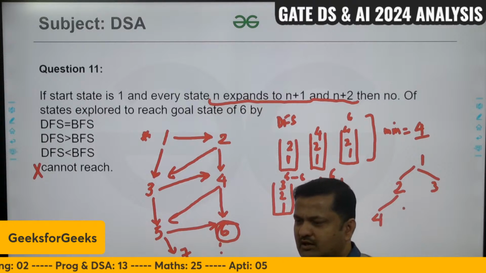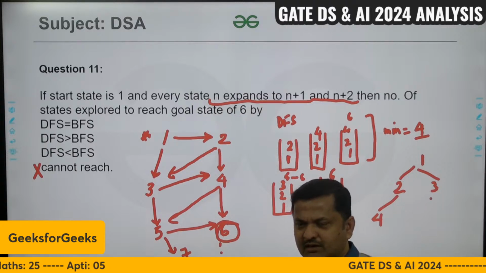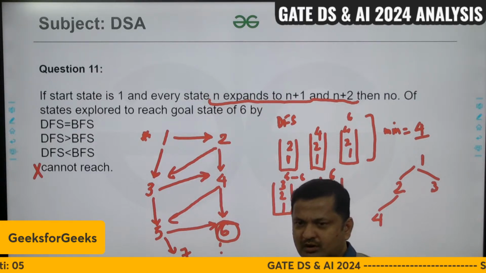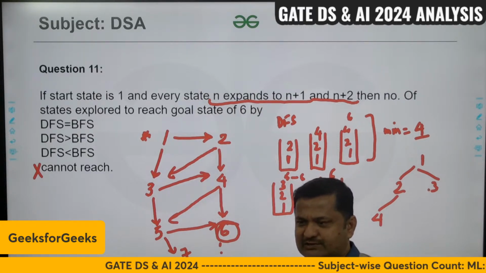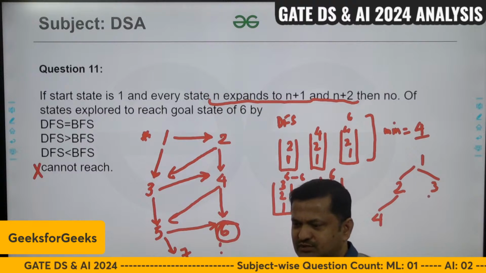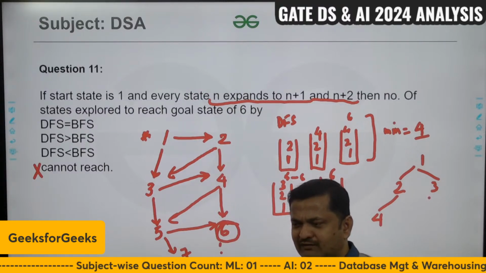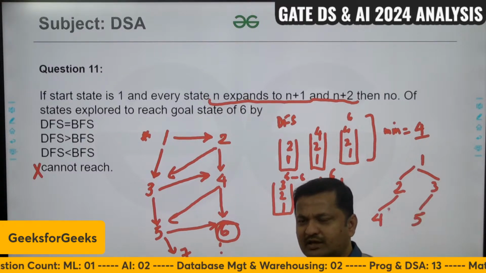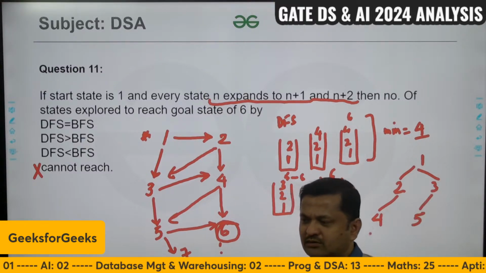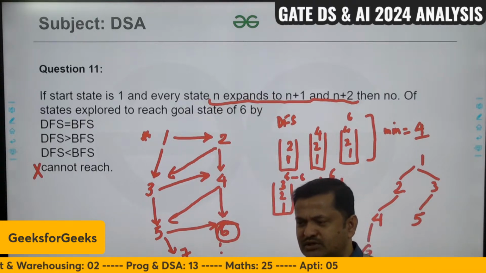All the elements at the same level have to be visited, so 3 has to visit its further possibilities. There are 2 adjacent, 4 and 5. 4 is already traversed, so it will only visit 5. Then either you start with 4 or with 5, and then we can reach 6.